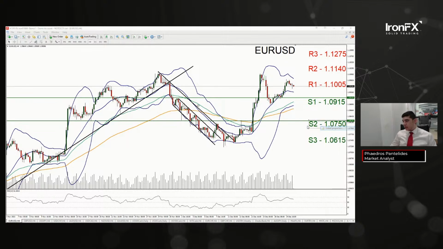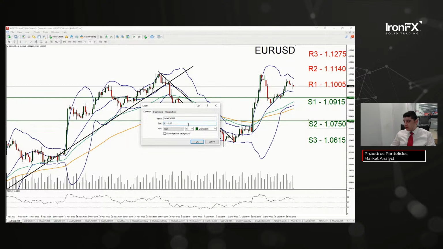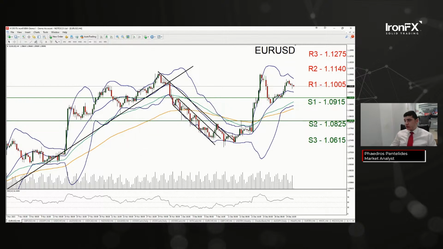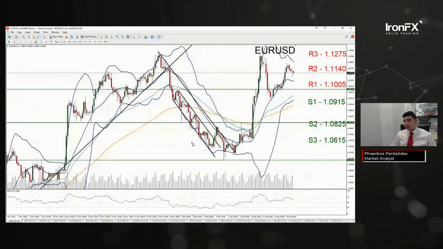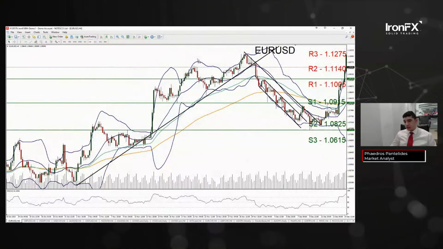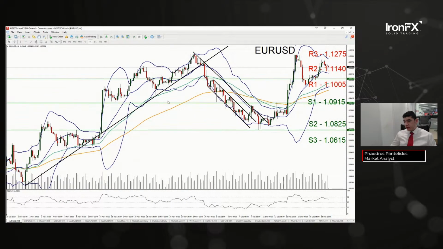So this could be S2, 1.0825. Then for S3, we could take a swing low, or we could take this lower point of this wick. And let's just check that it's validated. Once again, same theory as before, simply inversed. This was resistance, broken above, turned support, same scenario here, tested for support.